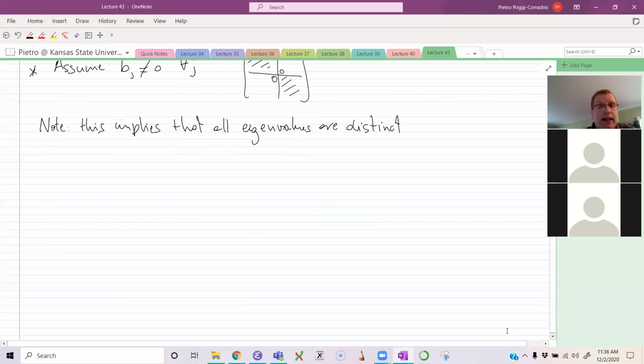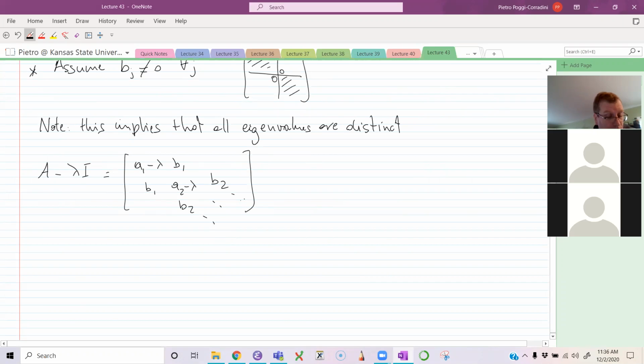Why is that? Well, let's think about it for a second. So if you look at this A minus lambda I, it's going to look like this. Right?